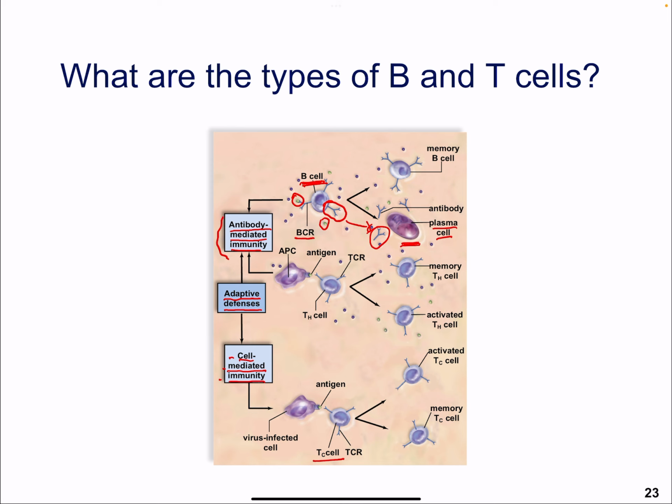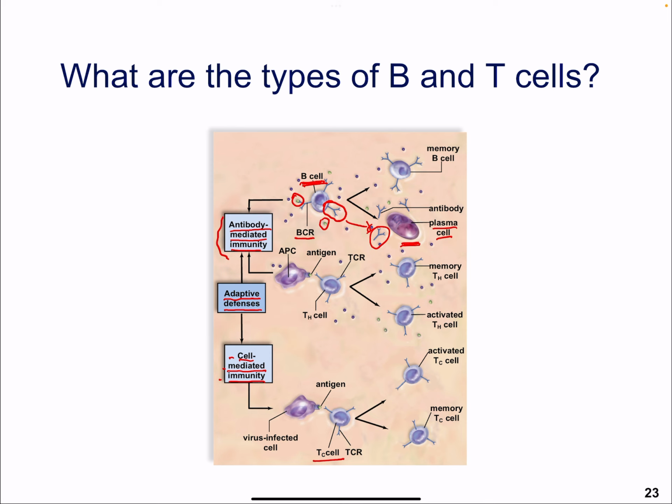In other words, a B cell that is not activated has on its surface B cell receptors. They are attached to the surface. Now, a plasma cell is a B cell that can release the B cell receptors, and at that point, we don't call them B cell receptors anymore, we call them antibodies.